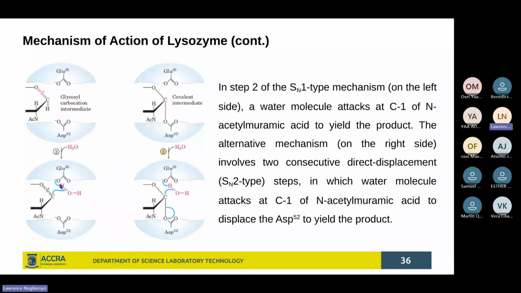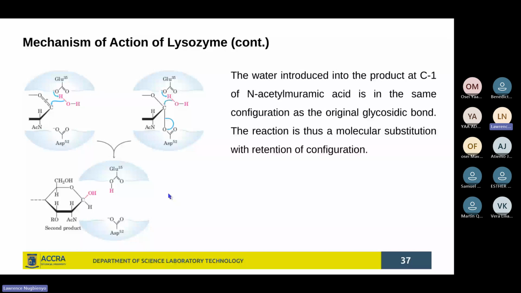And then the next thing you see is that the hydroxyl group from the water is now added onto the second product, which is N-acetyl muramic acid. So again, it's a step-by-step process by which the glycosidic bond between these two derivatives of monosaccharide is broken. So what's the significance of this?